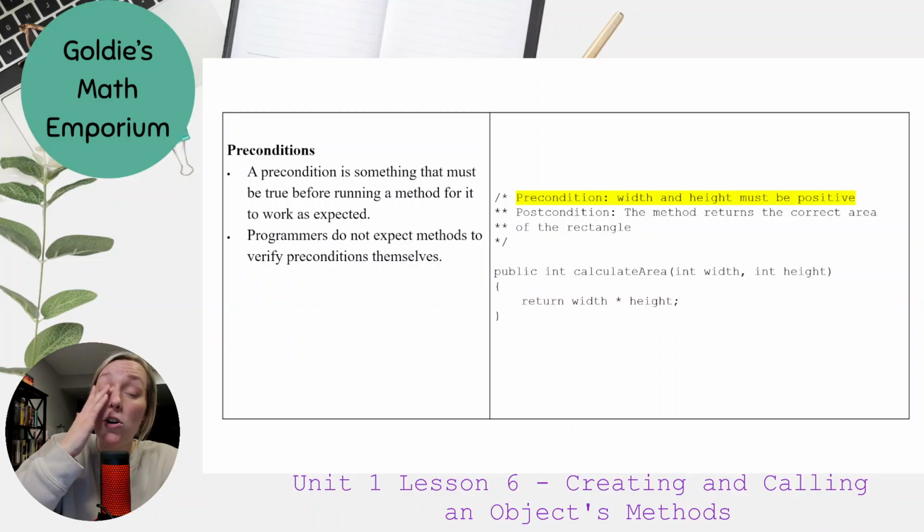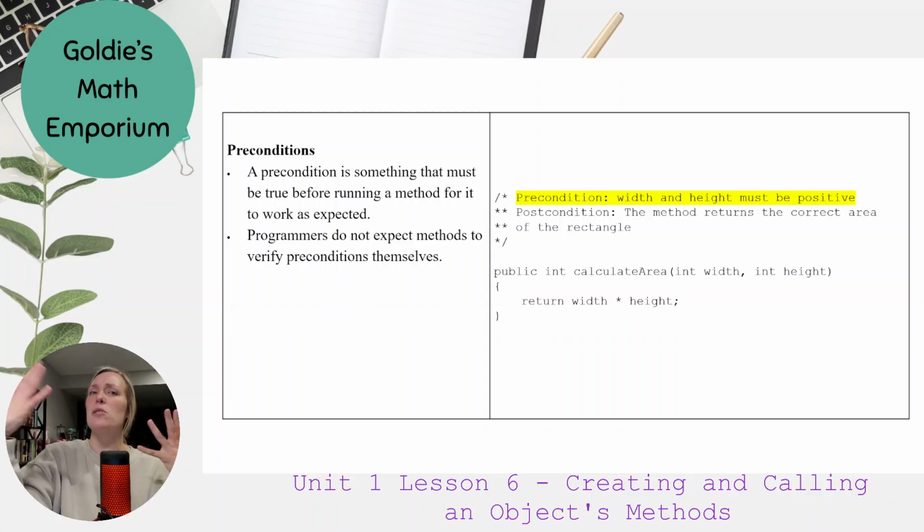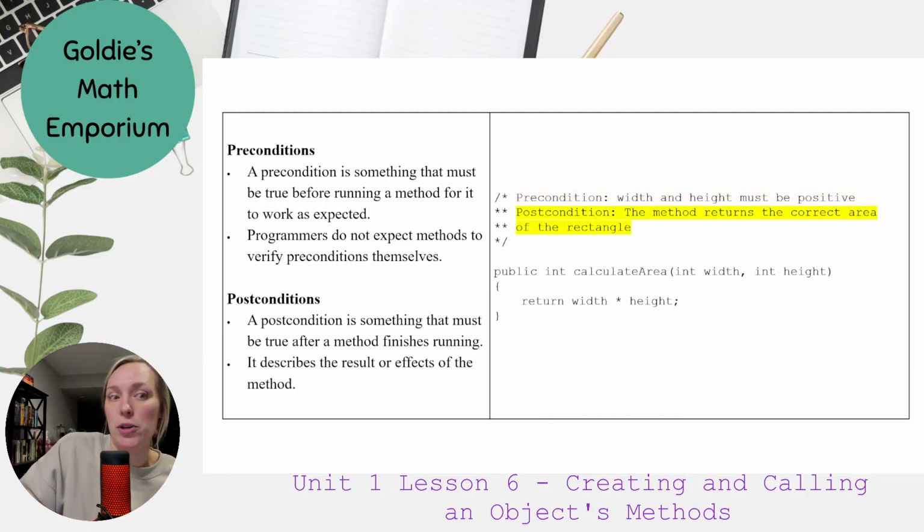In order to calculate the area, you have to have a positive width and a positive height. You can't have negative lengths. So the integers being passed must be positive, and you don't have to write code to confirm that, or to fix it if it's not positive. A precondition is what is true, and you can assume it's always true.